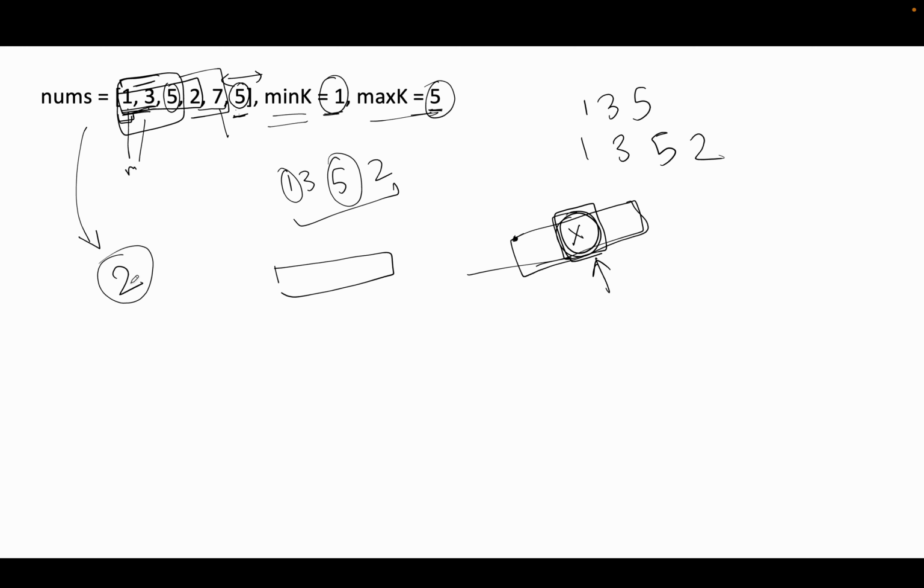Now let's see how we can solve it in general. So let's say we have an array and let's say from here to here, the elements are valid within min k and max k. Then there is one out of bound element.